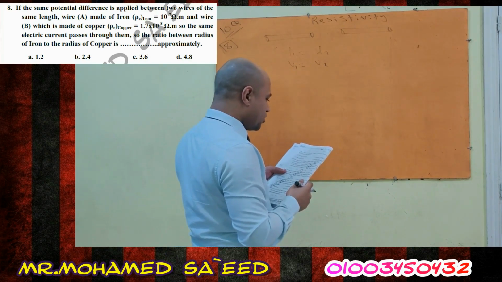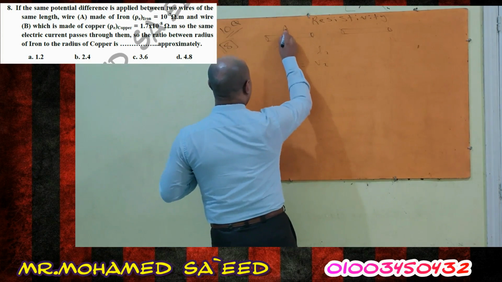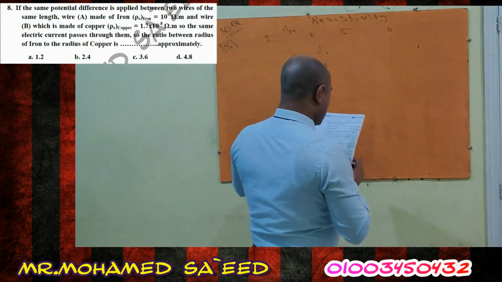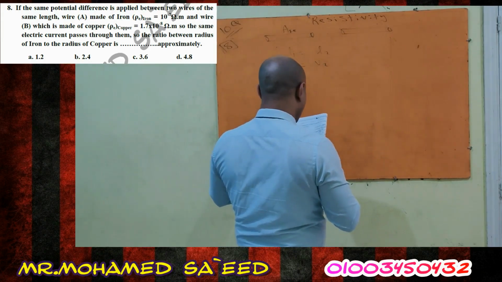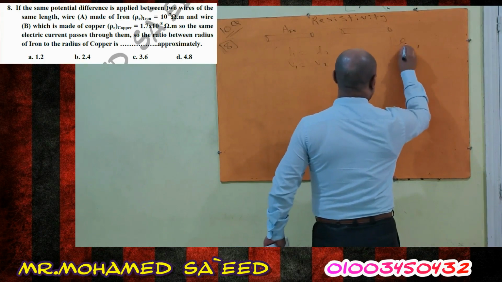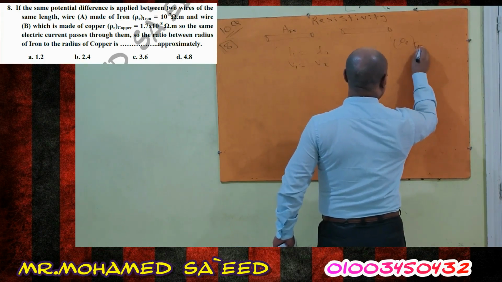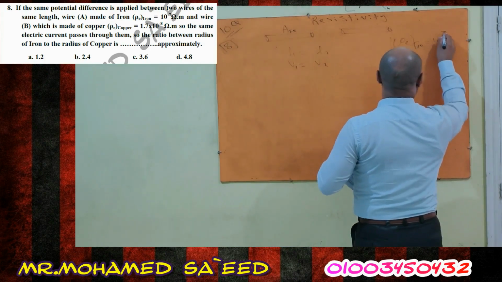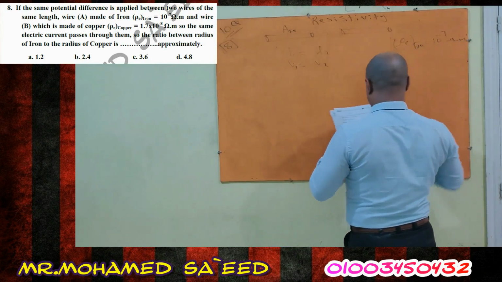Wire A is made of iron, its resistivity ρ iron is 10 to the power negative 7 ohm meter.